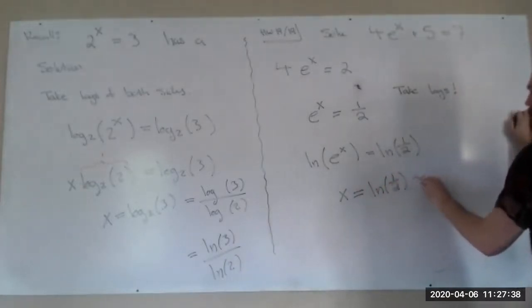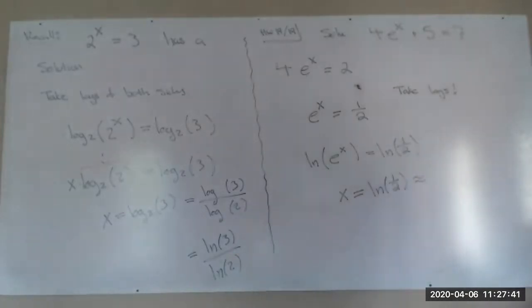And I can approximate that in my calculator. I go down to the ln button. It's the third from the bottom on the left. I type 1 divided by 2, and then close the parentheses, because I want the 1 divided by 2 inside the ln.